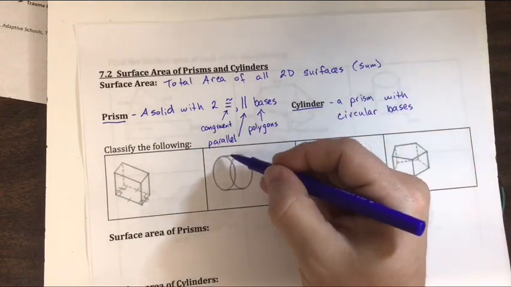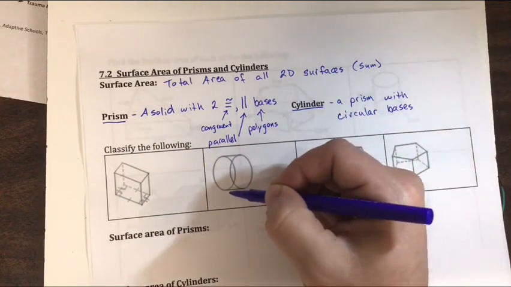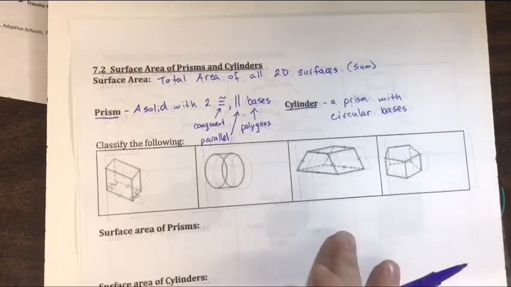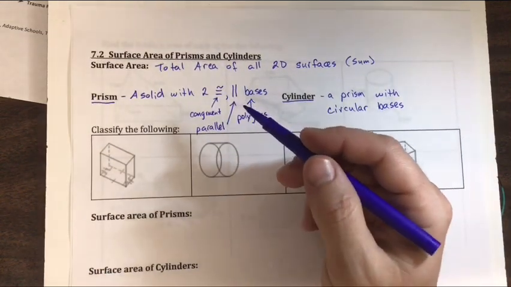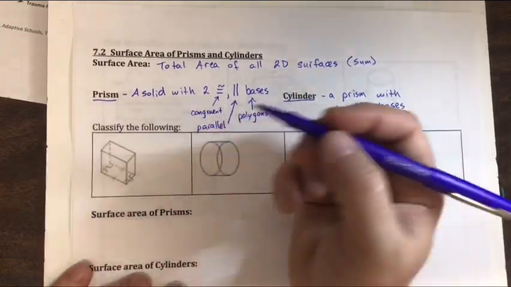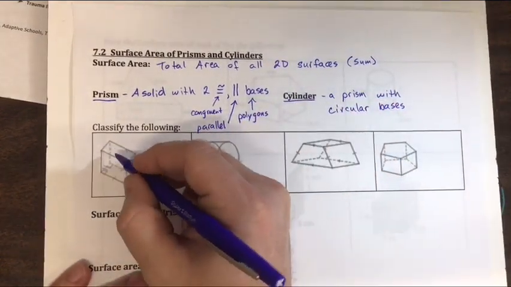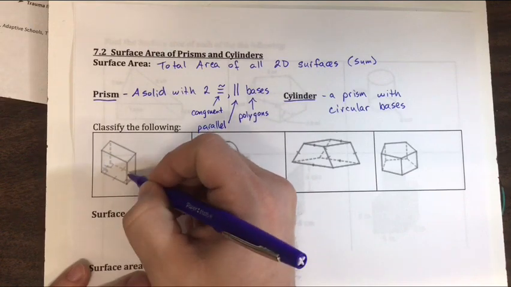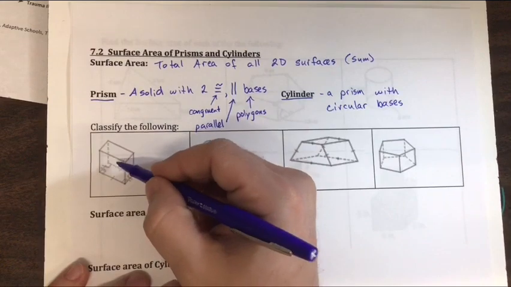All right, so the sides that connect those circles form what we call a lateral face. Okay, and every prism that we work with has a special kind of name based on what the base shapes are. So in this case, all of these six faces, or all these six sides of this prism, are rectangles.